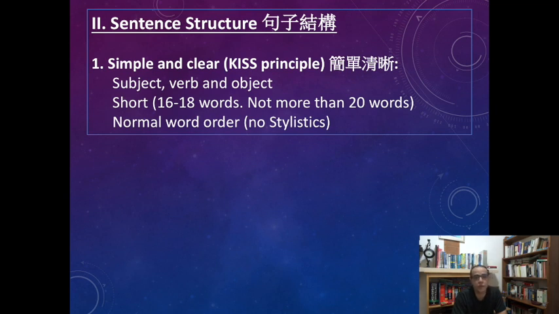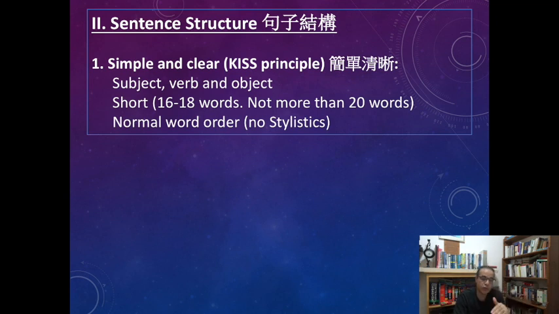Try not to use more than 20 words per sentence, even though sometimes when it's used in the lead, the first paragraph of the news, sometimes it goes much longer than that, because the lead should come in one sentence. As I said, use the normal word order, subject, verb, and object.